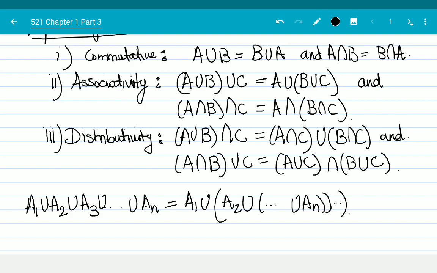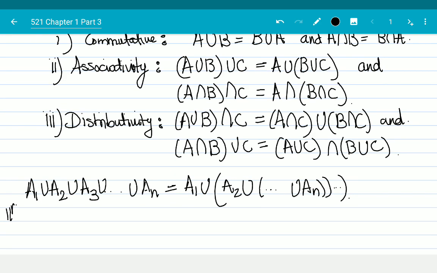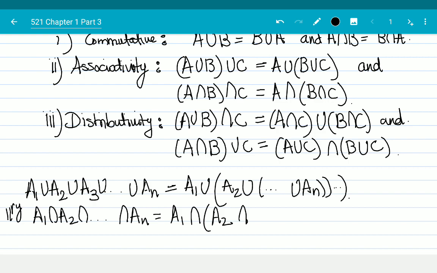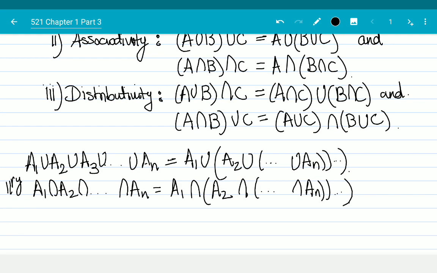Okay, and similarly A1 intersection A2 intersection dot dot dot all the way intersection AN is simply A1 intersection A2 intersection dot dot dot intersection AN. Okay, so both of these quantities now make sense now that we have defined how union and intersections work with each other.